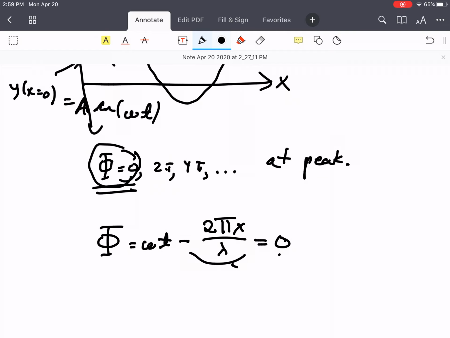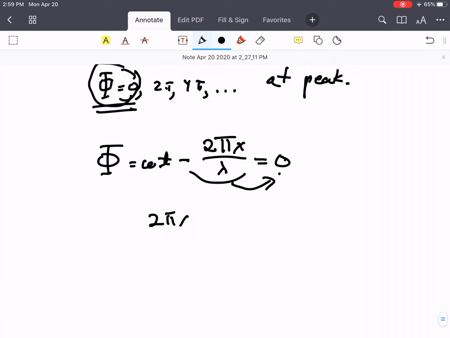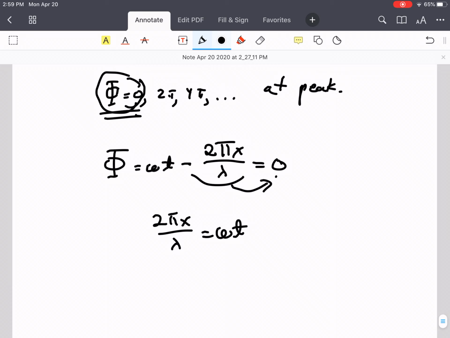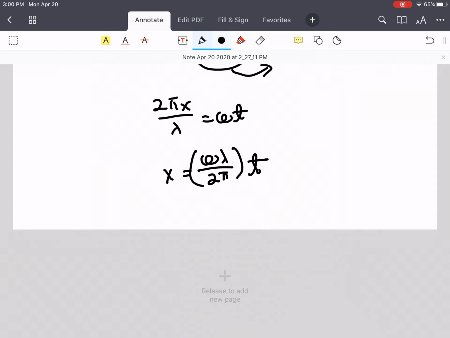I'm going to start by bringing this 2 pi x over lambda over to the other side. So 2 pi x divided by lambda is equal to omega times t. I'm going to multiply by lambda, divide through by 2 pi. So x is equal to omega lambda over 2 pi times t.